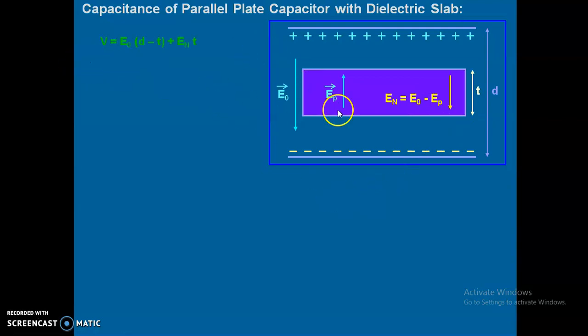Therefore the net potential difference will be due to the internal one and the external one. For this particular region, because the first term is written for this region, the left out region other than the dielectric slab has thickness d minus t, because t will be removed from this region of the parallel plate capacitor. So d minus t, and we know the formula V is equal to E into d.